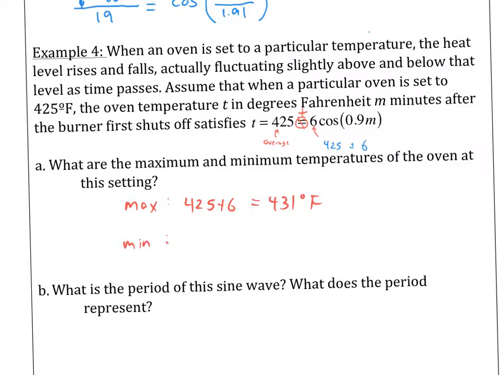The minimum is going to be 425 minus 6, so 419 degrees Fahrenheit. Notice that 12-degree gap. Hopefully that is not always the case, because 12 degrees could dramatically mess up your popovers if you're making them, and they don't pop over.